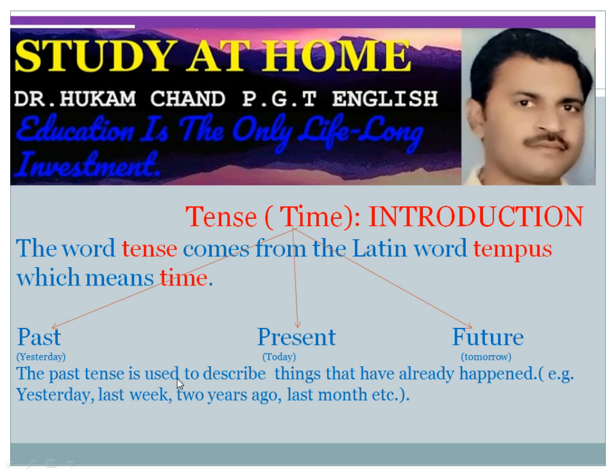The past tense is used to describe things that have already happened. Yesterday, last week, 2 years ago, last month, etc. These words indicate that something has already happened. So it is past tense.